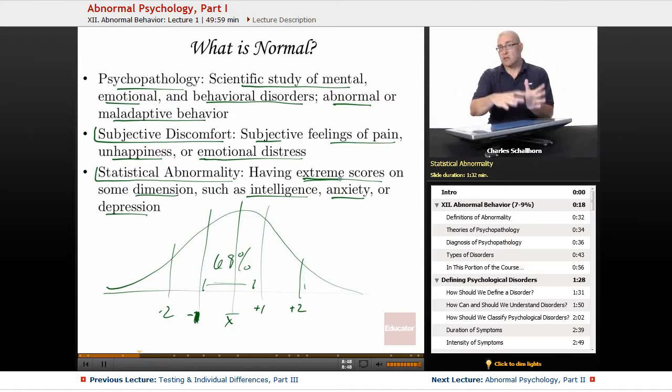So, statistical abnormality. I'm not sure what percentage of the population wears glasses non-ironically, but I wear them because I need them to see, and as a result, that makes me statistically abnormal. It's normal for people to wear glasses if they need to. But how many of us are wearing glasses because we actually have myopia or presbyopia?